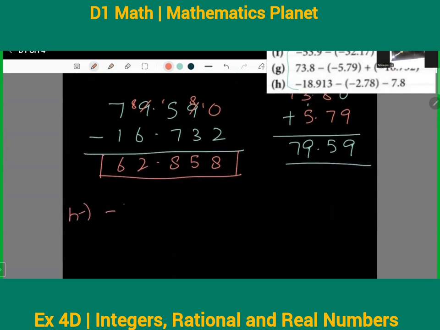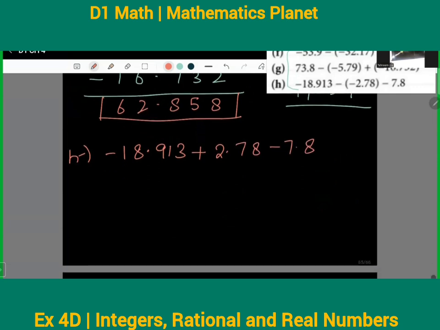Okay, H part: minus 18.913 plus 2.78 minus 7.8. So what we have to do is take 18.913 and 2.78. This is subtract, this is add. So we will put a 0 over here and we will subtract them. 3 minus 0 is 3, and we get minus 16.133.